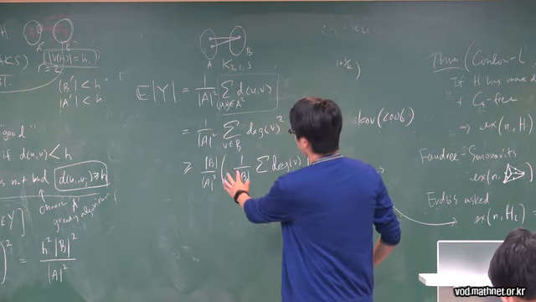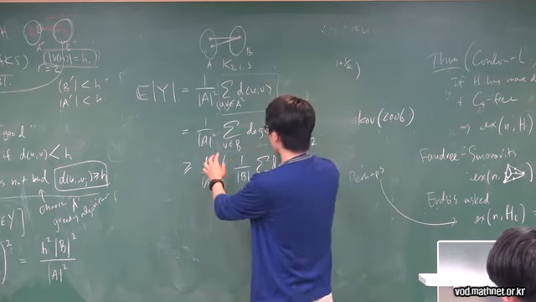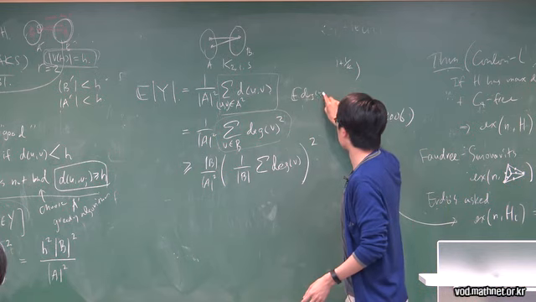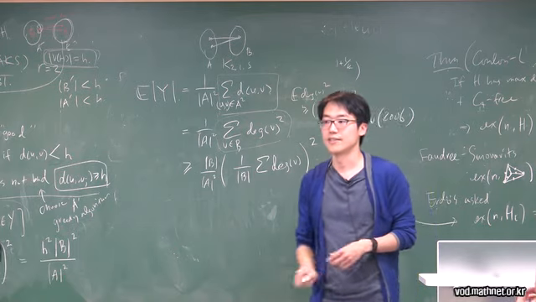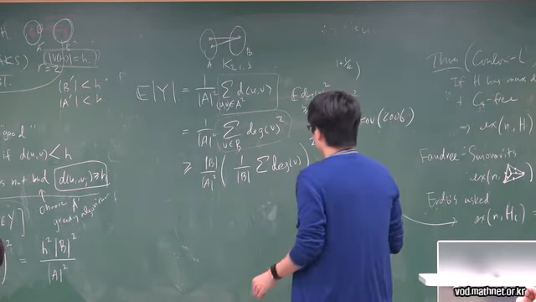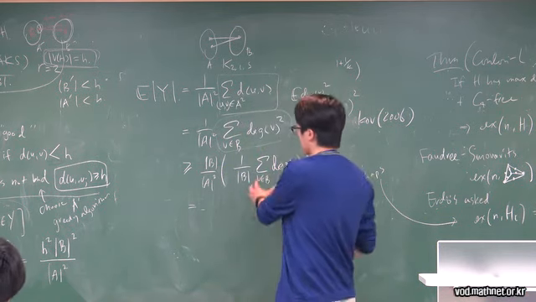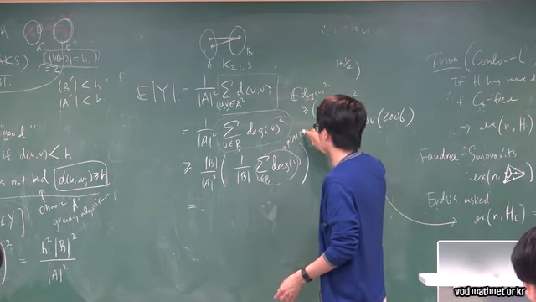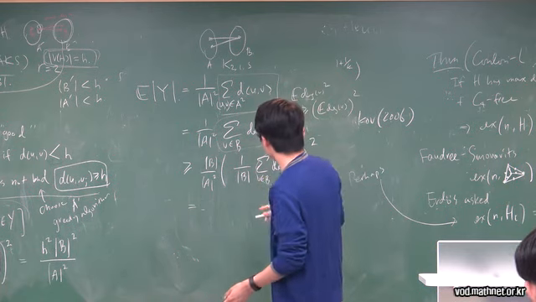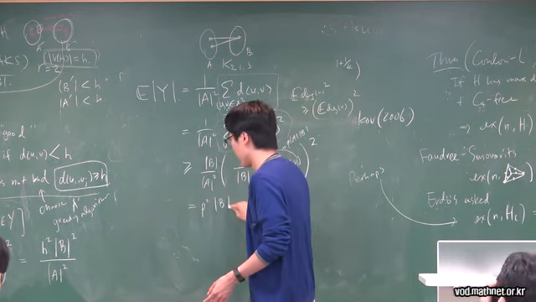If I divide by the size of B on each side, I get the average of degree squared, so the expected degree squared is larger than the expectation squared. And because this is nothing but the number of edges, that's PAB, divided by B, and P squared A squared, and hence I have P squared B.